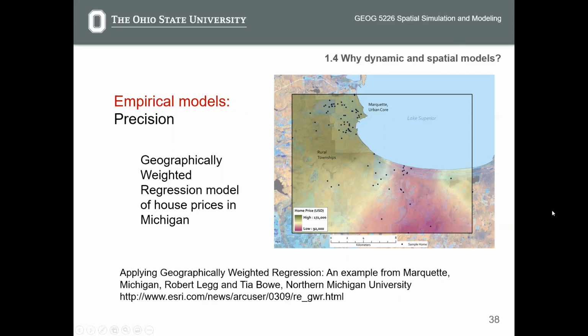A GWR regression means that the locations of independent variables affect the dependent variable. For example, here, house price is obviously severely affected by the location of a house and its surrounding environment. GWR is trying to address the importance of location in spatial regression.